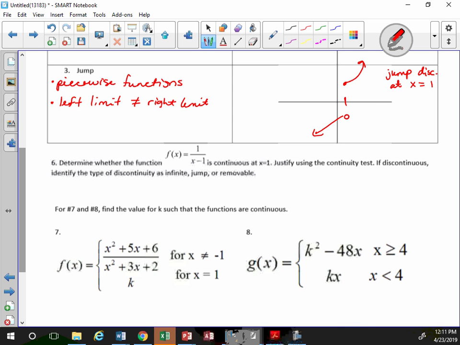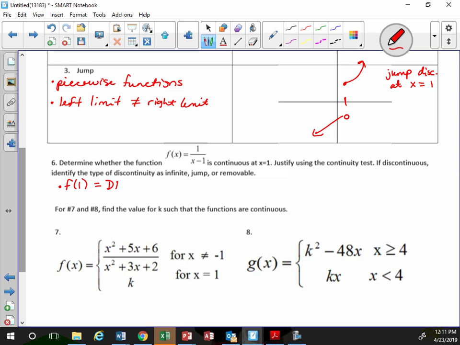All right, so let's look at 6. It says determine whether the function f of x equals 1 over x minus 1 is continuous at x equals 1. Justify using the continuity test. If discontinuous, identify the type: infinite, jump, removable. Okay? So, first bullet point is to find f of 1.